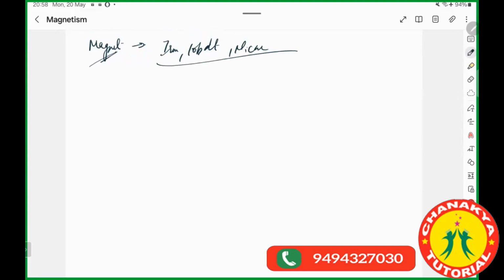So these are the things which attract. That substance is called a magnet. There are two types of magnet, one natural, one artificial.